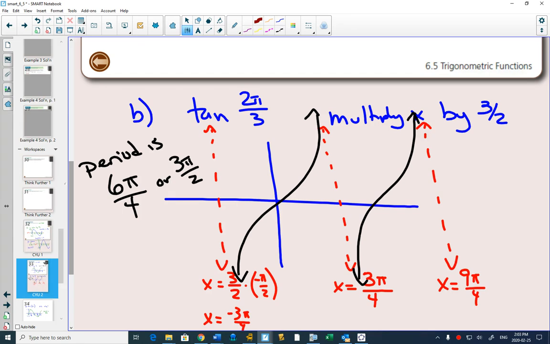That also should make sense because normally you went from negative pi over 2 to pi over 2. Your normal period of tan is pi. So if you multiplied by 3 over 2, your new period would be 3 over 2 times pi, or 3 pi over 2.